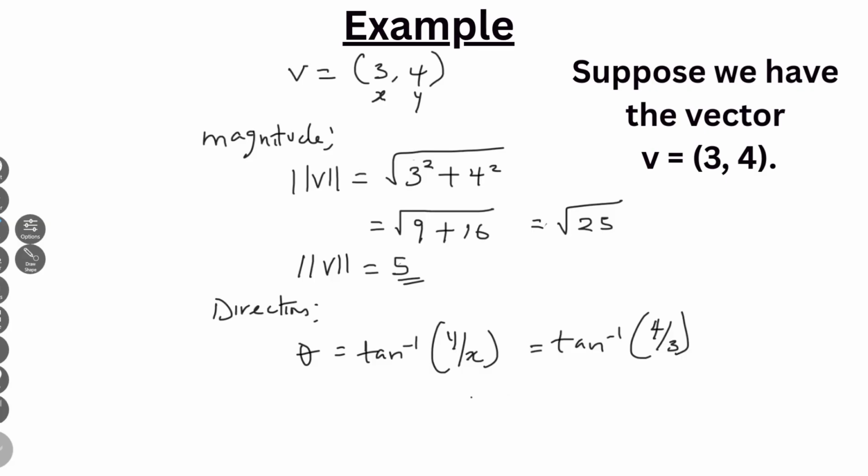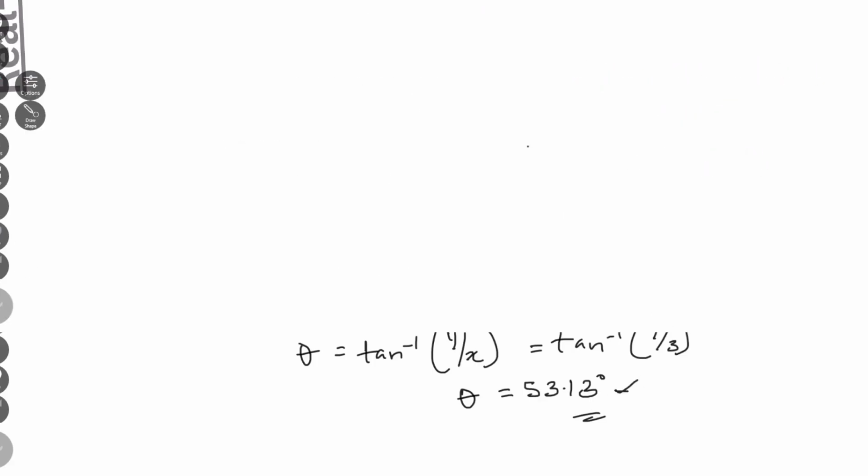When you put that in your calculator, theta is equal to 53.13 degrees. So the vector (3, 4) has a length of 5 units and points about 53 degrees above the x-axis.